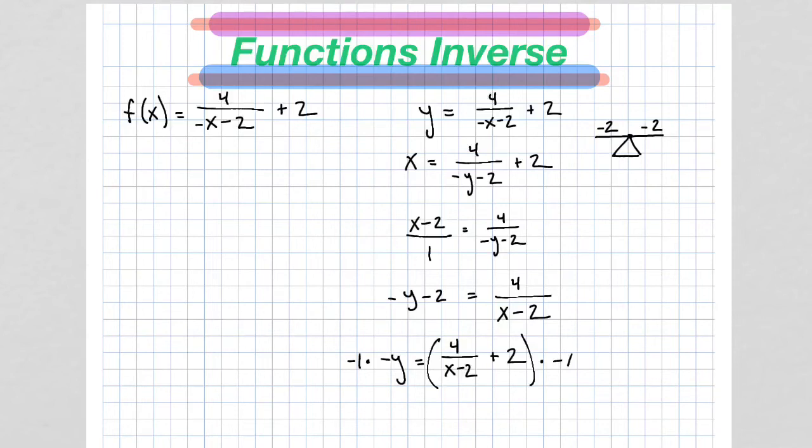So what that leaves me with is y equals, okay, that negative and this negative cancel out. And this negative 1 is distributed to both of these terms here. So now I'm going to have negative 4 over x minus 2. That's negative 1 times the 4 over x minus 2. Now negative 1 times positive 2 gives me a negative 2.